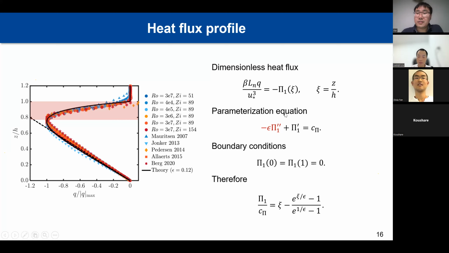Any other questions? If not, I have a question here. Dr. Liu, you mentioned the vertical structure in the atmospheric boundary layer. I suppose you are investigating vertical convection, like neutral convection flows in the atmospheric boundary layer.